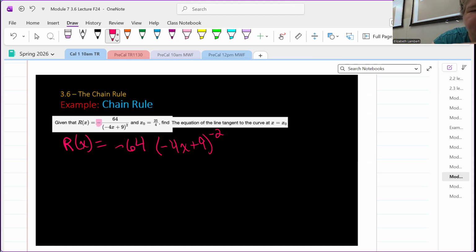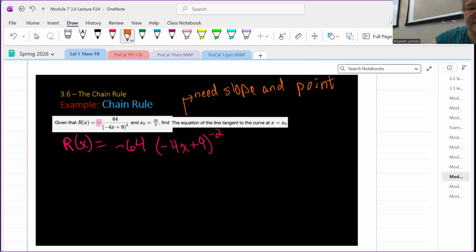The derivative is going to get me the slope. But I need to know what this thing works out to be with my x sub 0 point value. So I need to know what r of 25/4 is.